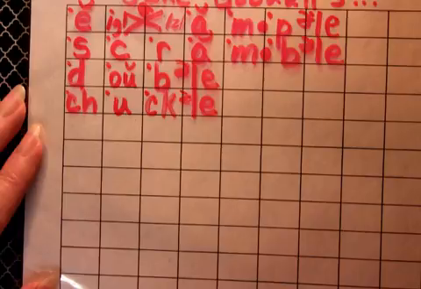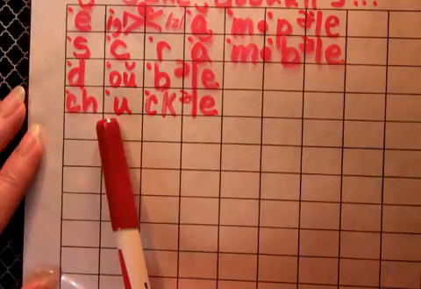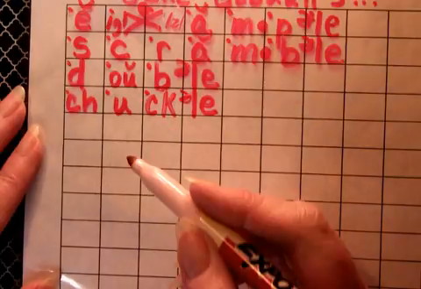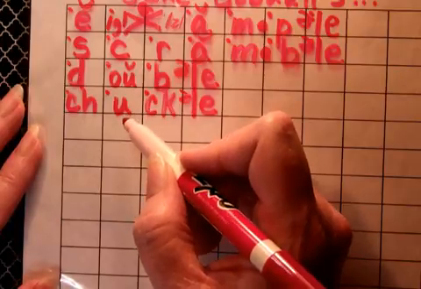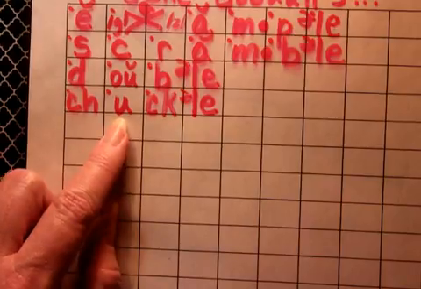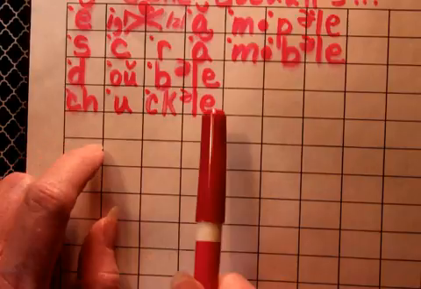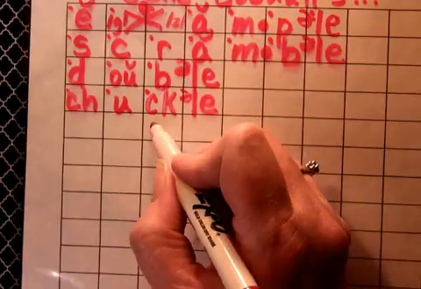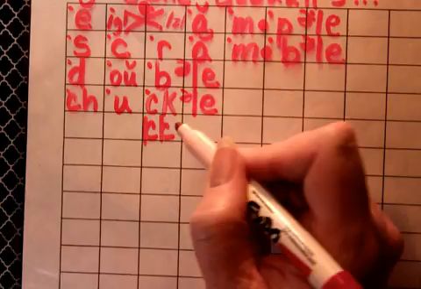Now we say the K with the O. Chuck is the end of the first syllable. Ko. Now do you remember that we've talked about when we've got a short vowel at the end of a syllable, we need to double the middle consonant to protect the short vowel. Most of the time when we double, not all the time, we won't put two C's and we won't put two K's.